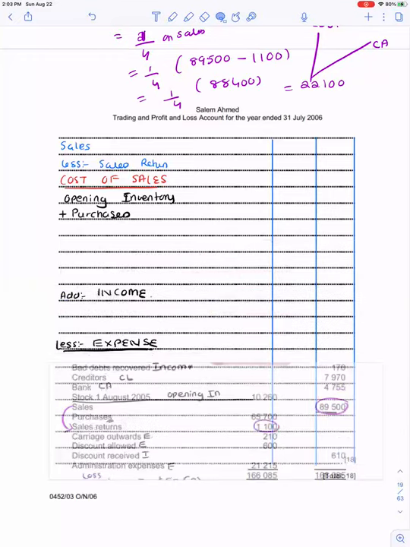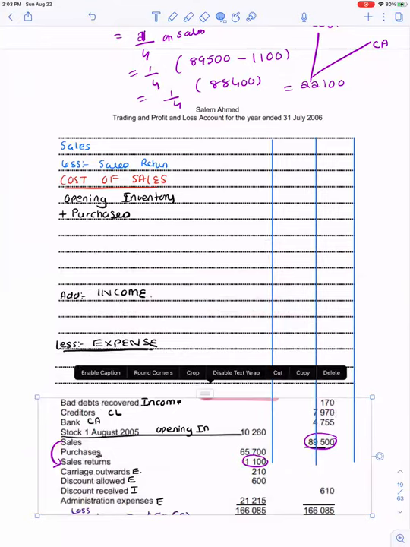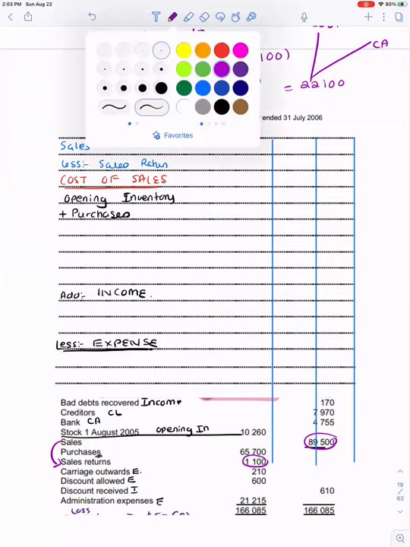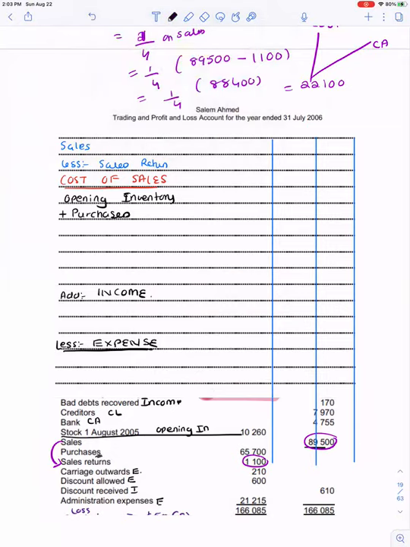Now I will start recording what I have. I am preparing the trading and profit and loss section. I will record bad debts recovered, which is an income. I have one more income, that is discount received. Two incomes, so record in the second column.